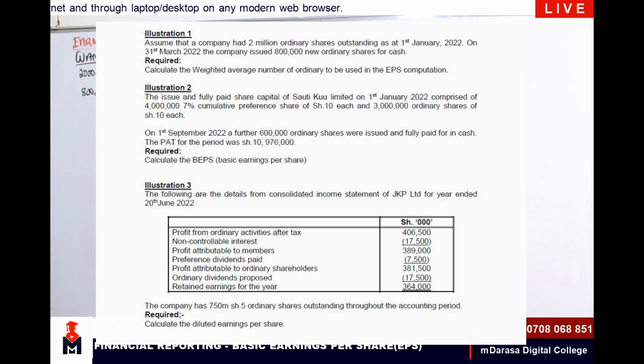On 1st September 2022, a further 600,000 ordinary shares were issued and fully paid for in cash. The profit after tax for the period was 10,976,000.